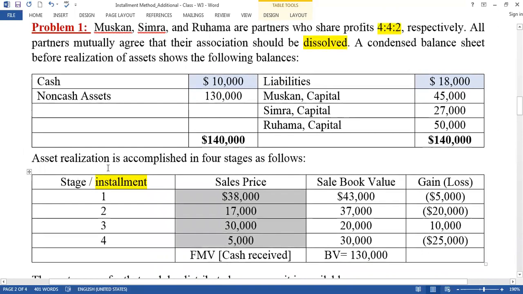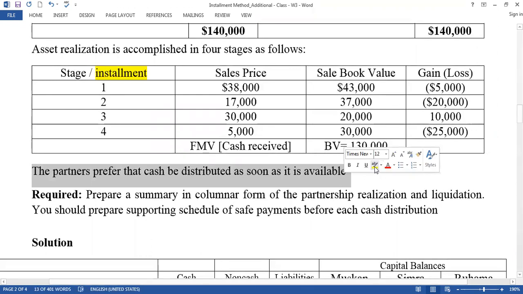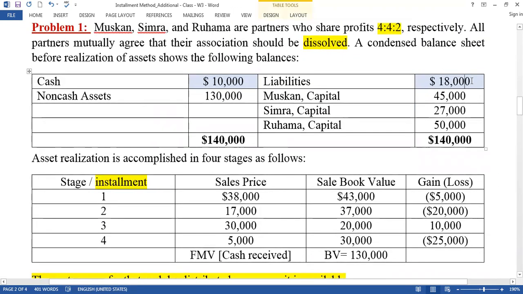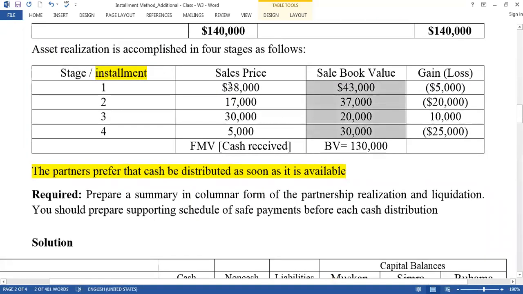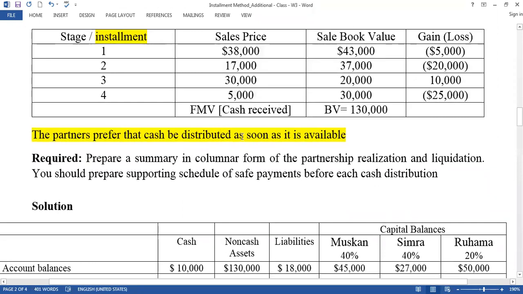Now, this is important because partners are looking for cash. Partners said that they prefer to receive cash as soon as it is available. After paying liabilities first, according to partnership law, we must pay our liabilities first. After paying the liabilities, whenever we sell our asset, we have some cash. Whenever we have some available cash, it should be distributed to the partners as soon as possible.